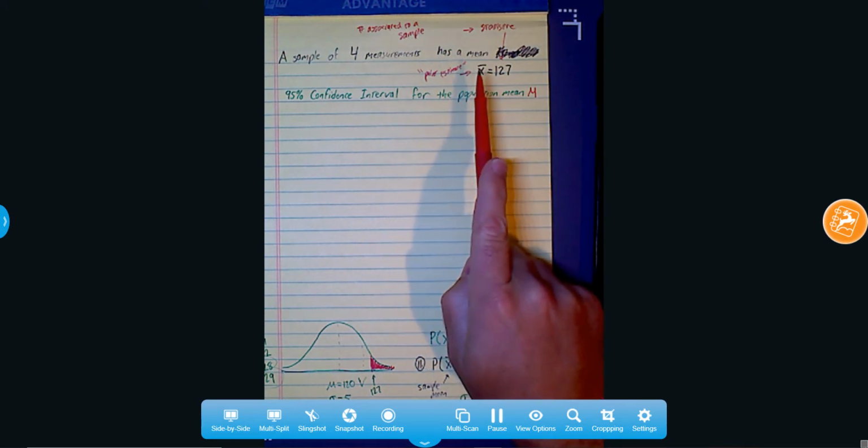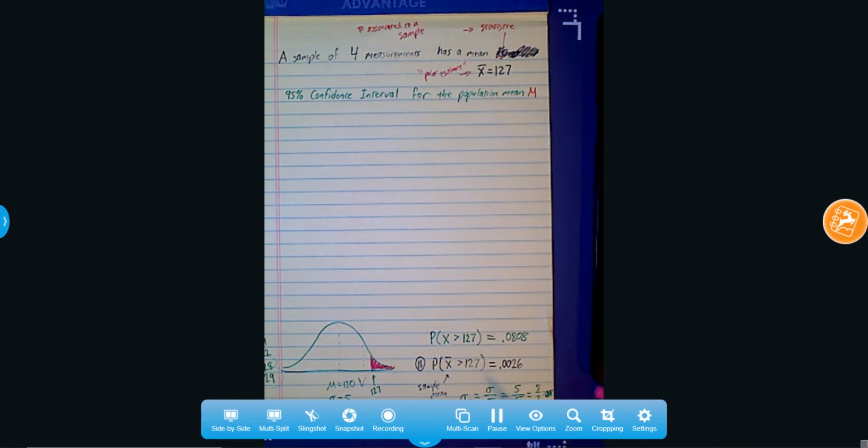Okay? Well, what happens is we hope that this is close to that. But what we do is we kind of not just take 127, but we want to cast a net to either side of 127 to capture the mean, you might say.